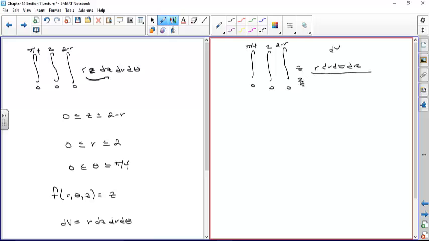So let's do that. The first integral, we're going to integrate with respect to z. So when we integrate z with respect to z, you're going to get z squared over 2 evaluated between 0 and 2 minus r.